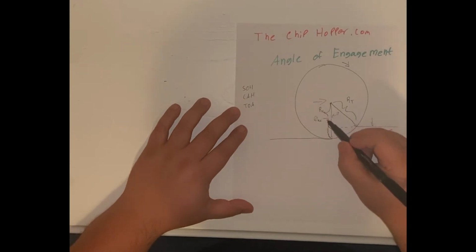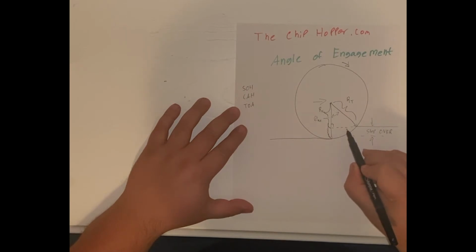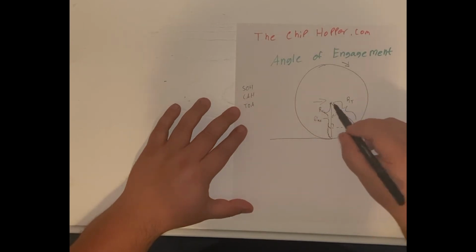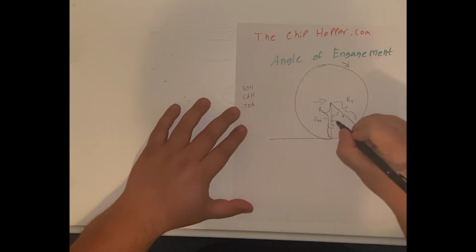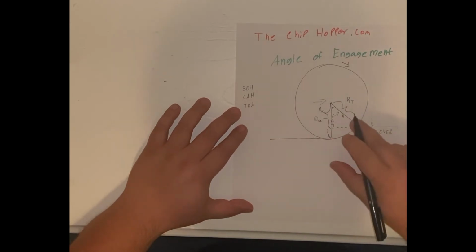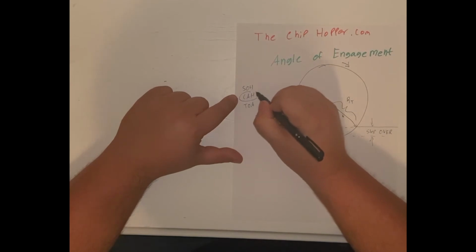We don't know RC, but we can find it, and we don't know this line, which we can also find, but it's more of a hassle, so let's not worry about it. In this case, we know this is the hypotenuse of our triangle. It's the adjacent of the side that we're interested in over here, because that's where theta is. So we're going to use adjacent over hypotenuse, which is the CAH from SOHCAHTOA.